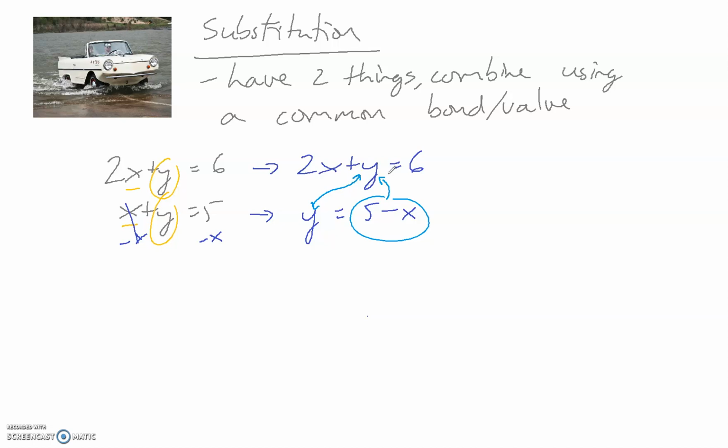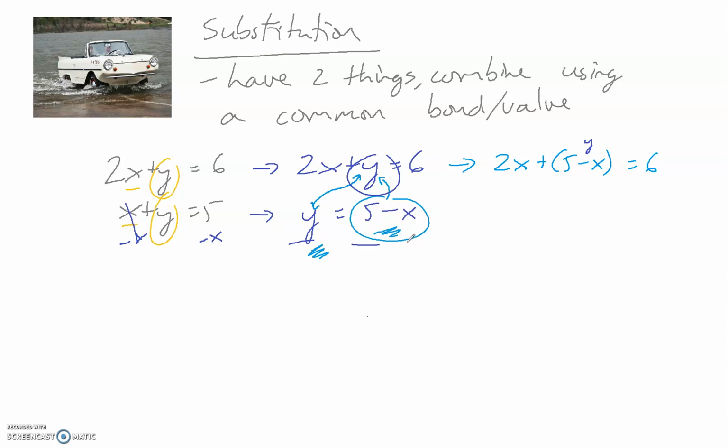So if I rewrote this again, it would be 2x plus, but instead of writing y, I'm going to substitute something that's equivalent to y, which is 5 minus x. So 2x plus 5 minus x is equal to 6. That 5 minus x is just the y value, but they're the same. So that's why it's called substitution. So we have something that looks like this.